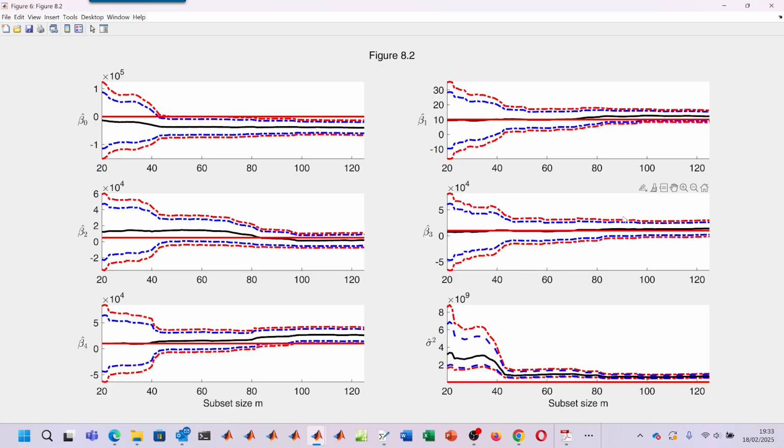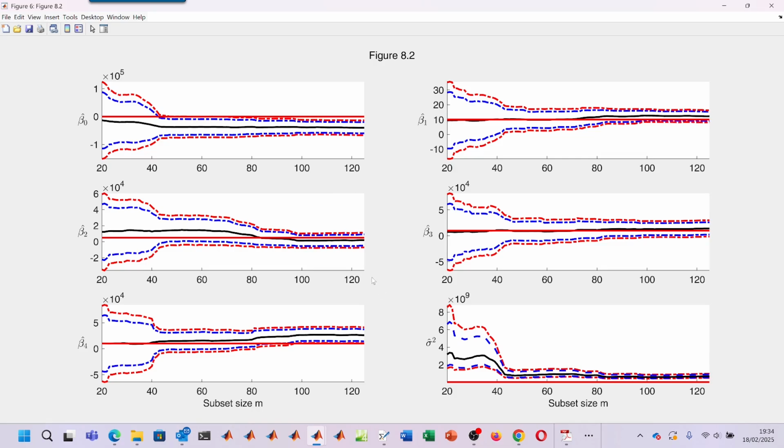We next turn to figure 8.2, which shows the effect of prior information as opposed to sample information on the parameter estimates. In this figure, there are 5 panels for the constant and the 4 regression parameters, and there is one panel for the estimate of sigma squared.